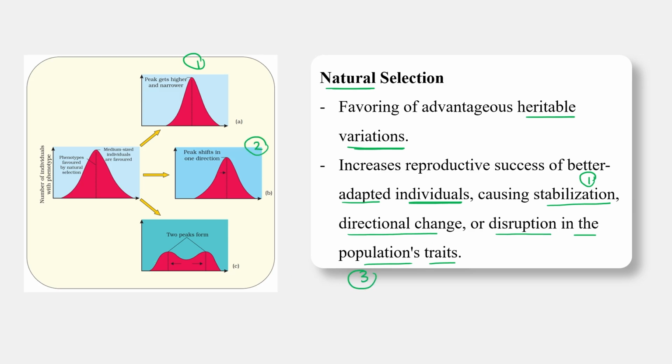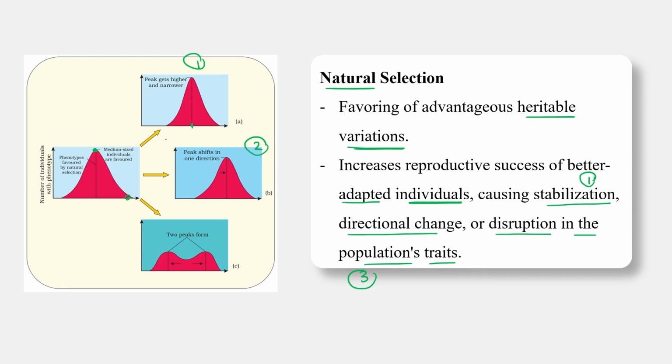Normally there are three types of individuals, as you can see in this particular graph. Some belong to small height, some to large height, and this is the medium height individuals. Normally nature selects medium height individuals, so this peak gets high on the medium height, and you obtain a narrow and tall type of graph.